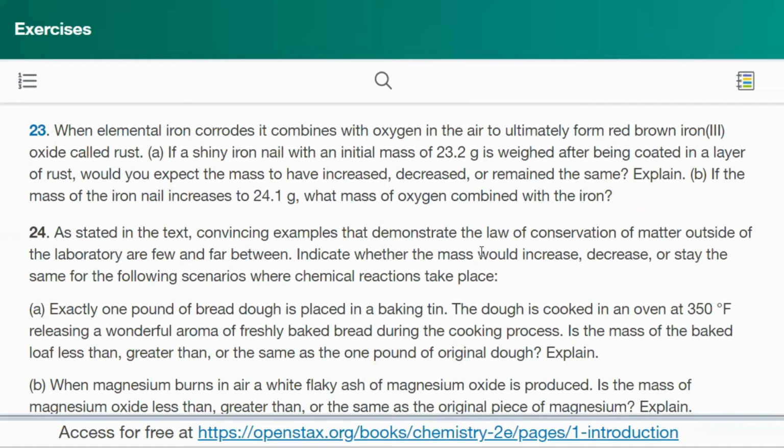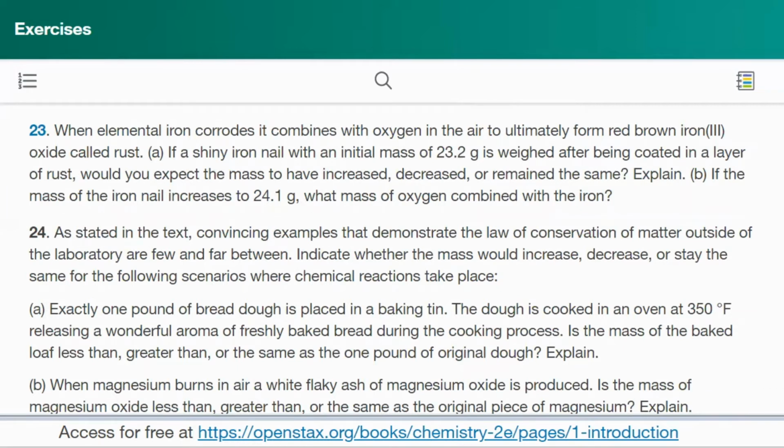I would say the mass of the nail would increase because oxygen is combining with iron, and so that's adding more mass. If the mass of the iron nail increases to 24.1 grams, what mass of oxygen combined with the iron? So all I have to do is subtract 24.1 minus 23.2, and that is 0.9 grams.